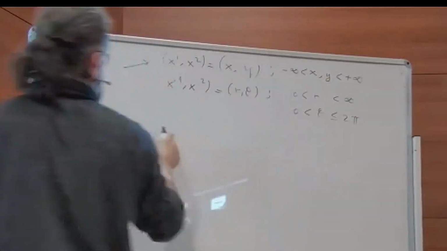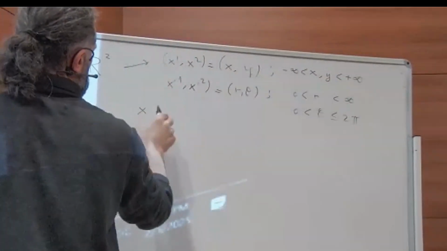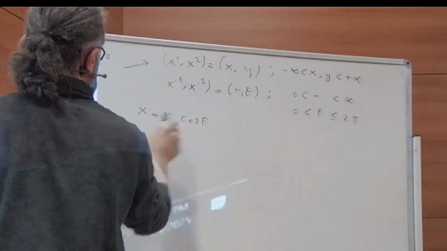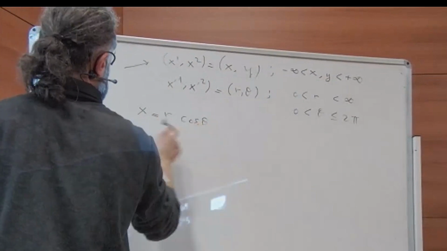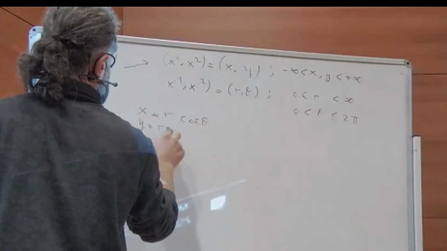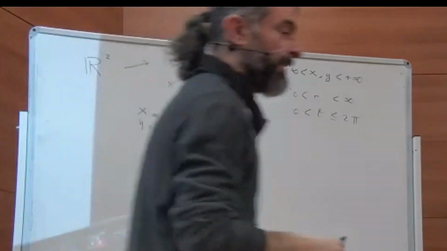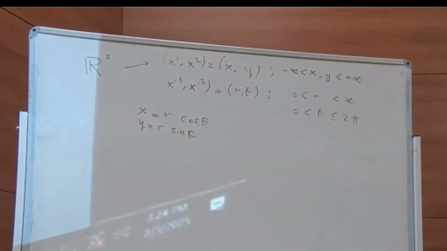We know that these are our coordinate systems, different coordinate systems with non-empty intersection.